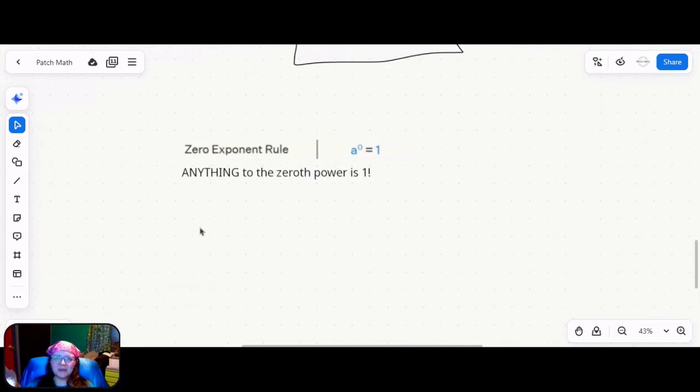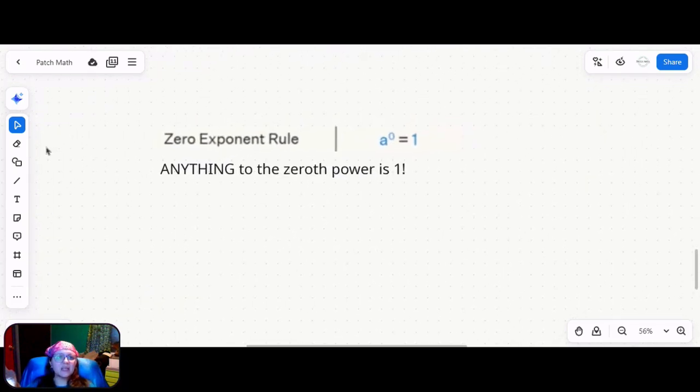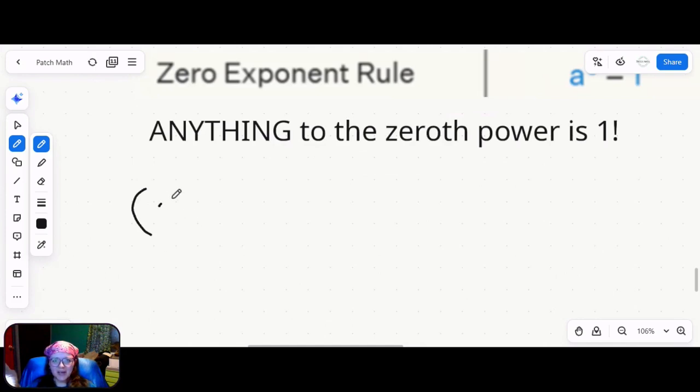All right, so the zero exponent rule. It simply says anything in existence. Actually, scratch that. There's one example that doesn't work, but almost anything in existence raised to the 0th power is 1. So when I say that, I mean x to the 0th power is 1.